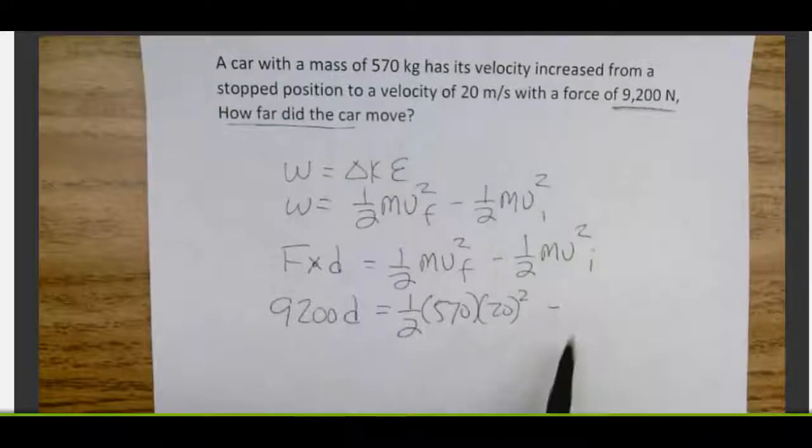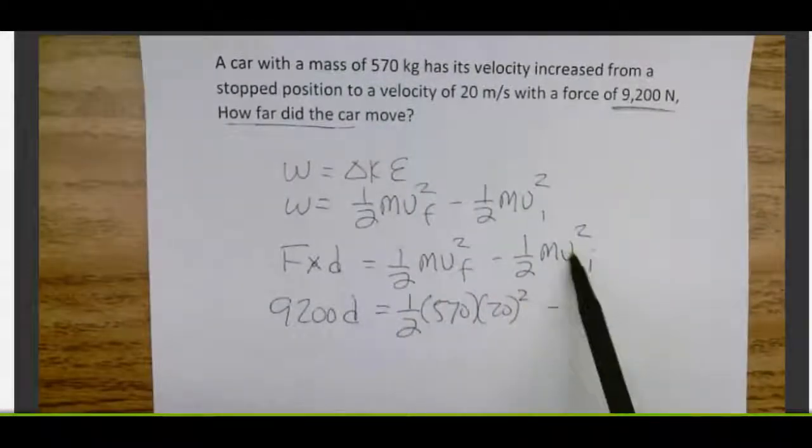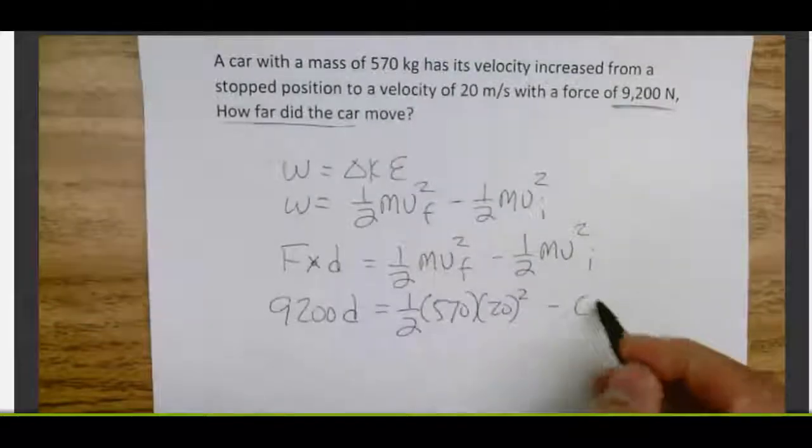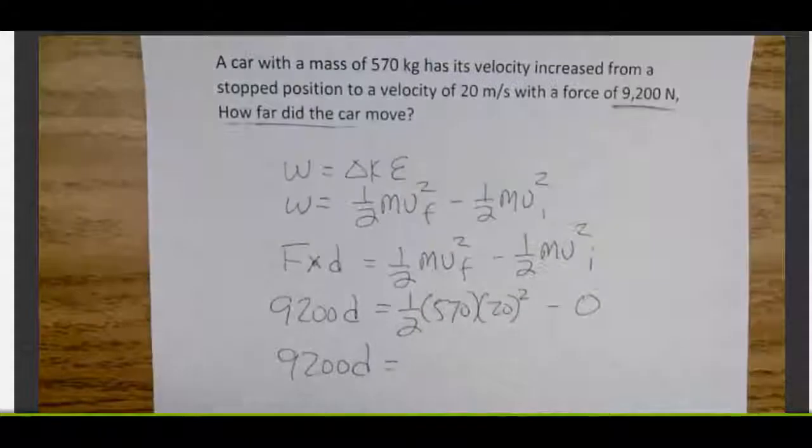But we want to remember, initially it was a stop position. Again, we're going to multiply a 0 through here, so it's going to be 0, and then we just have to do our math. So 9,200 D, and 570 times 0.5 times 20 times 20.